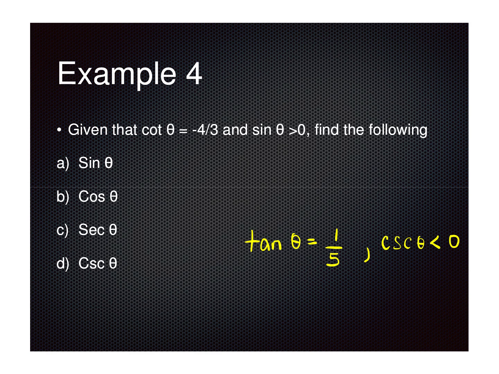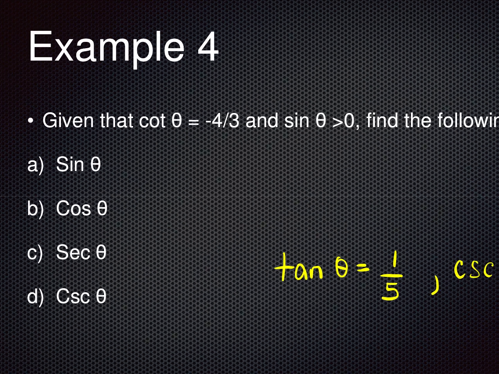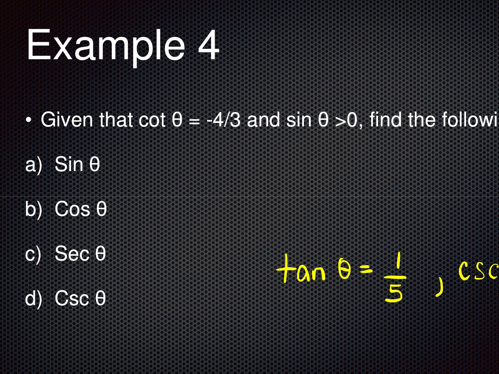So example 4, we're going to apply both things we did in example 1 and with the quadrants in the next example, apply it all together. So it tells us that cotangent is -4/3 and sine is greater than 0. Let's figure out which quadrant we're supposed to be in here. So we have all students take calculus.